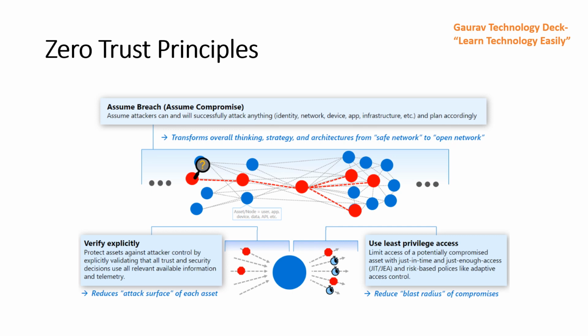Also, the third principle we have is assume breach. We know that 100% security is not possible. So you should always be prepared for situations wherein a data breach happens, and consider how much of my data should be exposed to an attacker.